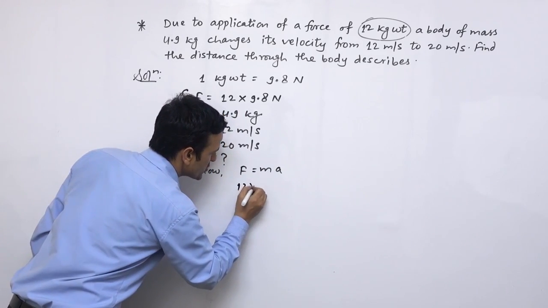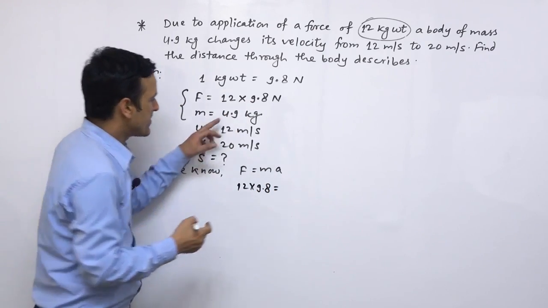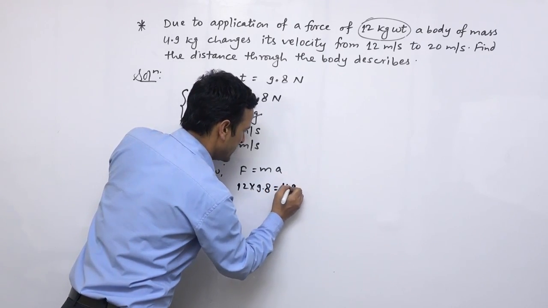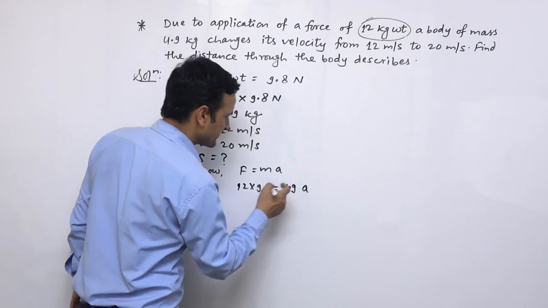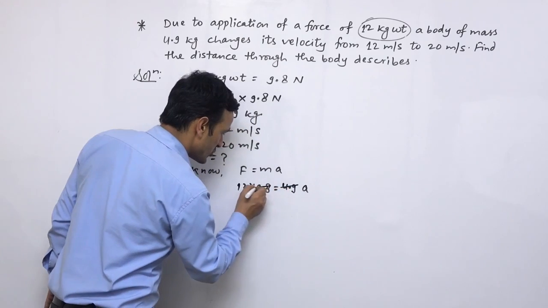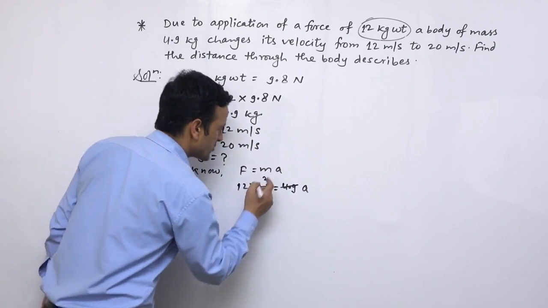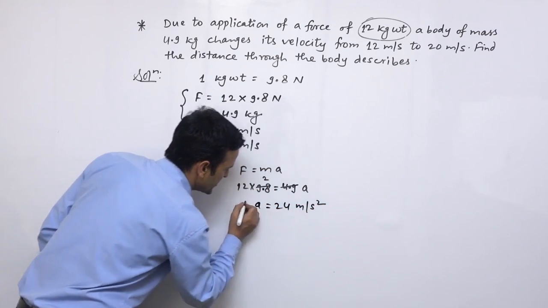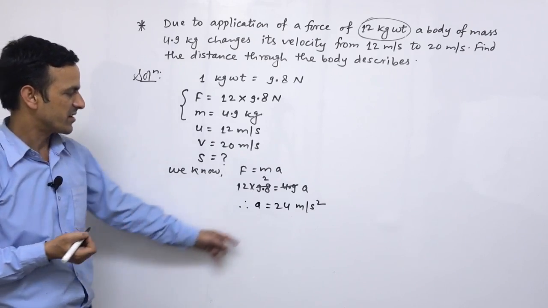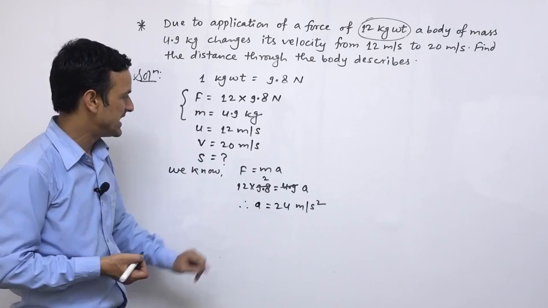So force is 12 into 9.8, which is given here, and mass is 4.9 and acceleration is what we are going to find. Now 4.9 into 2, and 12 times that, 24, means A is equal to 24 meter per second square. So this is the required value of acceleration from the given hints.